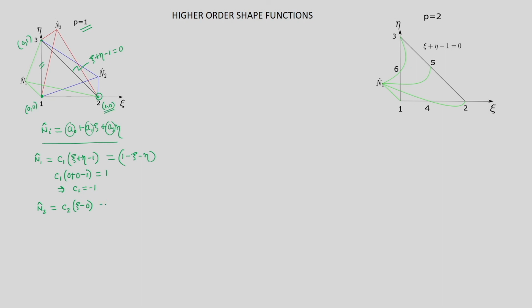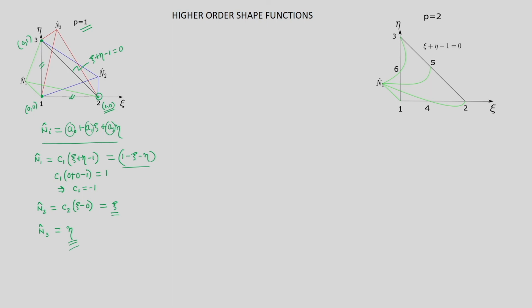So that yields C2 as 1. So we are left with xi. Similarly, N3 will be eta. You can easily verify it will be eta. Why? Because at node 3 N3 is 1 and along 1, 2 N3 is 0. And these 3 shape functions we have already used while doing the geometry mapping.